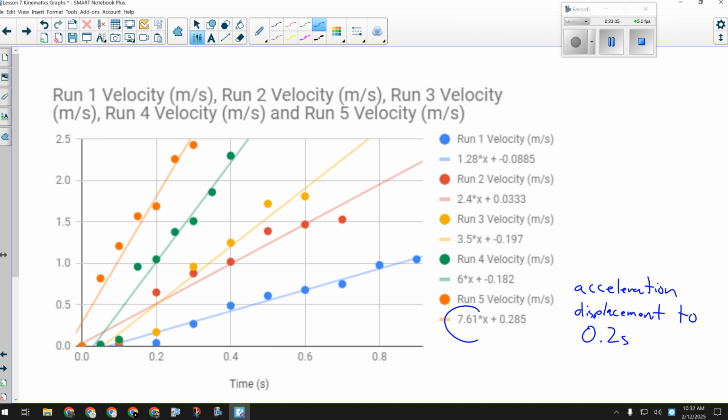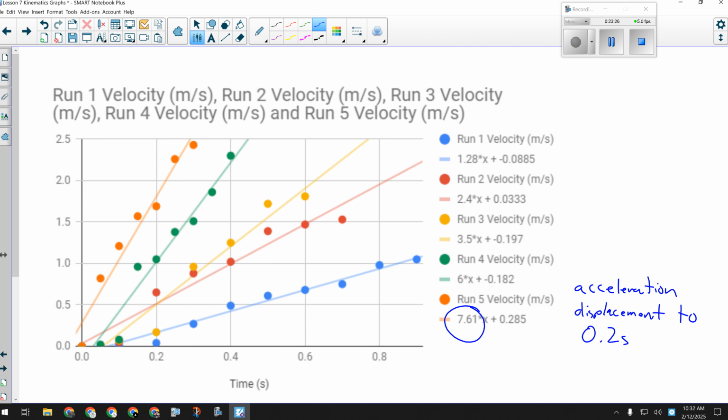Since this is a velocity versus time graph, the slope is telling me how quickly the velocity changes over time, so the slope is the acceleration. I didn't have to memorize that, just had to analyze it. This is velocity, this is time, how steep the line is is how quickly the velocity changes. That's acceleration. Everyone follow me there?